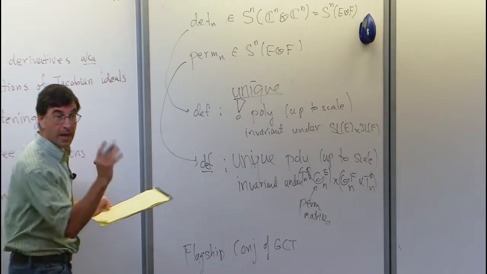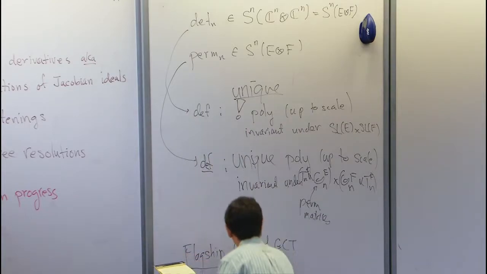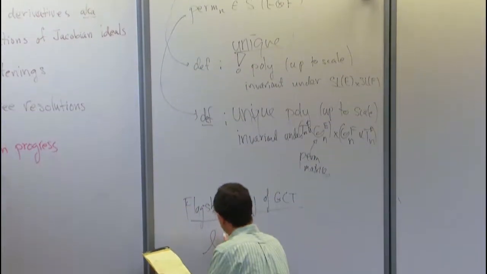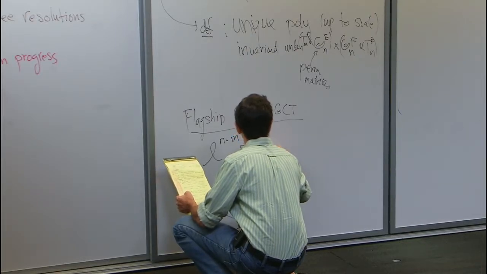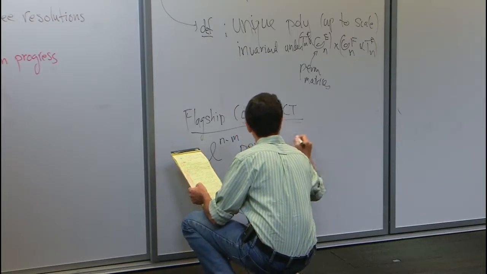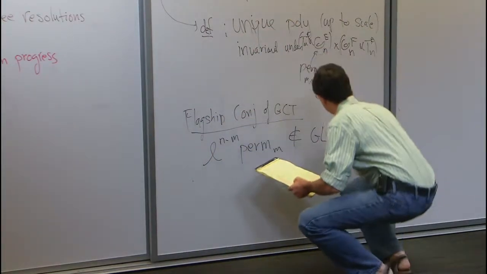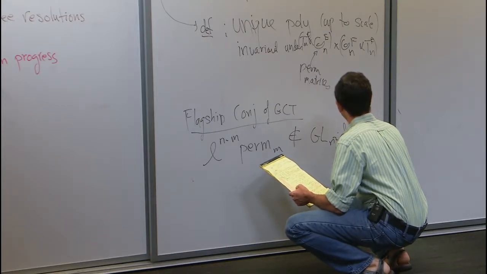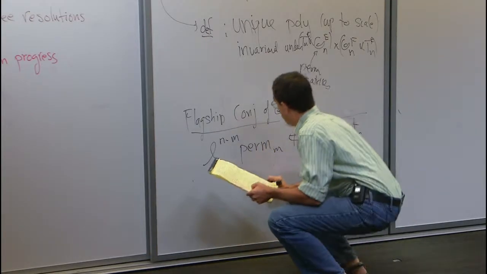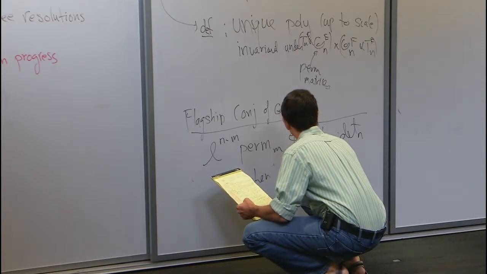We're talking about embedded. So the flagship conjecture of geometric complexity theory is that you cannot write the permanent of size m, where m is less than n, as a linear combination of determinants, or even in the orbit closure, when n is some polynomial in m.